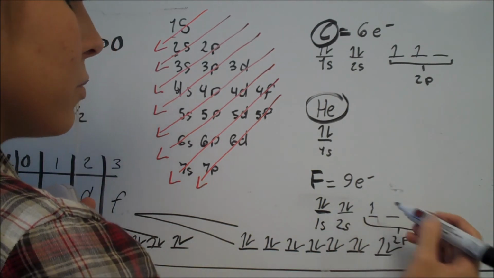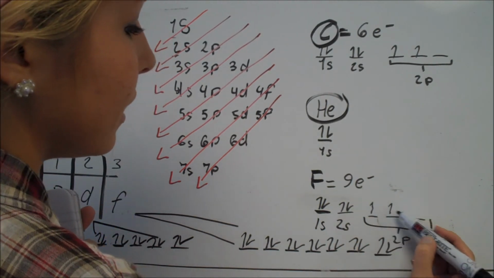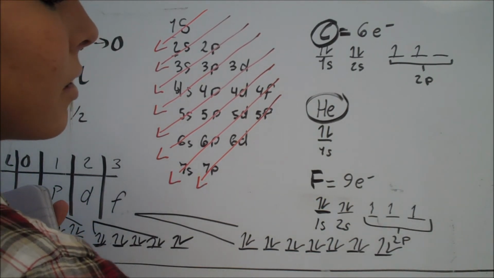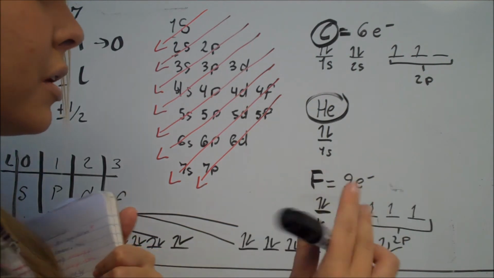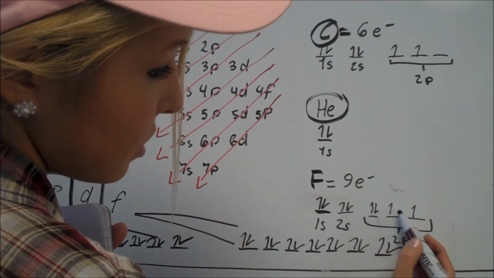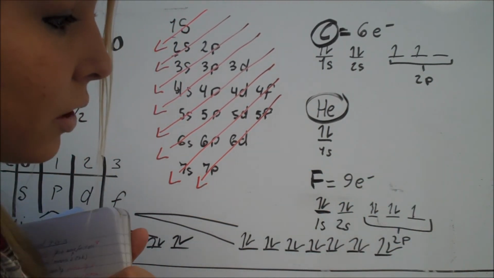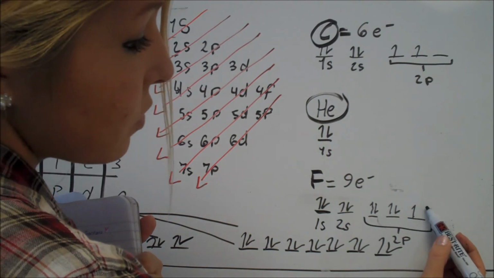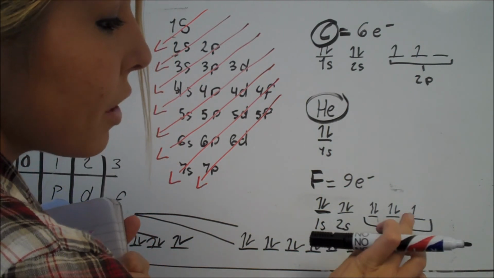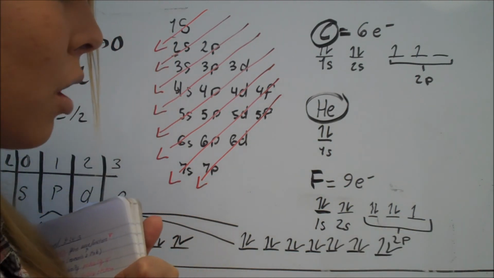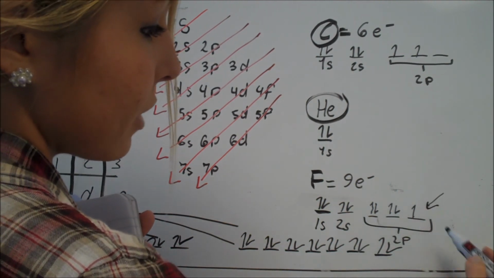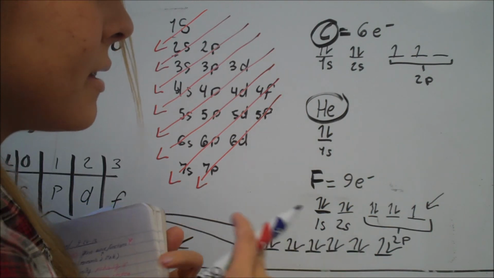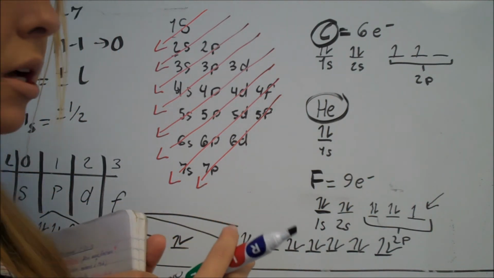So, as we did before, we put 1 in each orbital first, 1, 2, 3. So how many do we have left? 2 more electrons. So we go back and place these 2. And there's this one empty spot, 1 electron that's willing to bond. And if we put this electron there, we would have the stable configuration of neon.